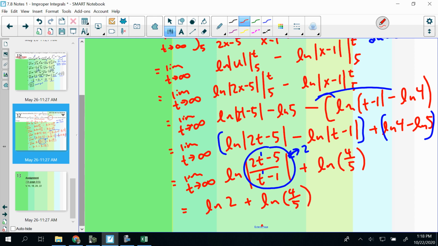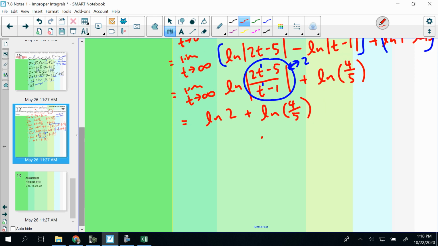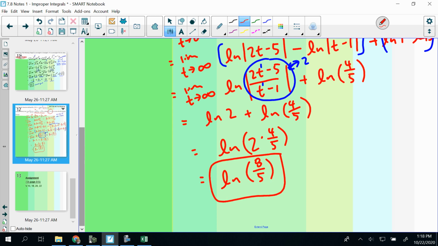So now you just got to combine that together to see what your answer is. This is multiplication here, so that turns into times. So this would turn into natural log of 2 times 4/5, or the final answer, natural log of 8/5. That would be the exact answer.